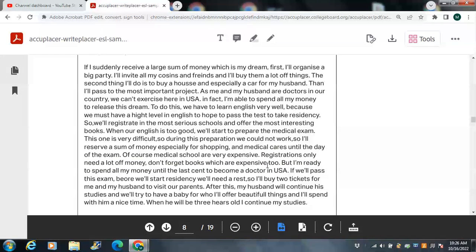And just a side note there, this is what is called a run on sentence, because here, rather than using a comma, they should have a semicolon, because registrations only need a lot of money. And really, I think what they're saying is registration not only requires a lot of money, but do not forget that books are expensive too.